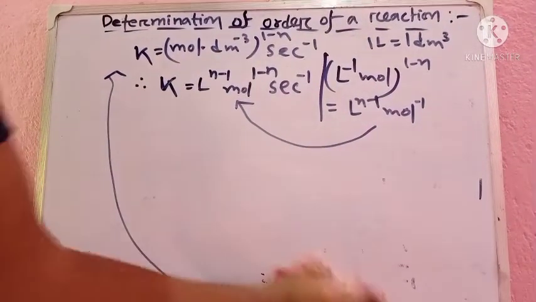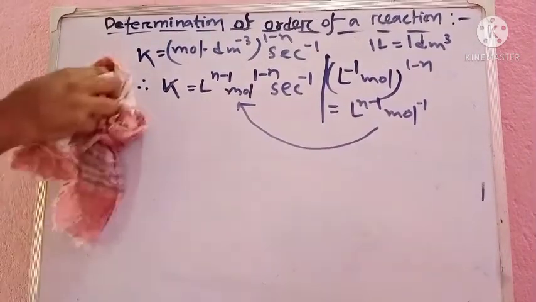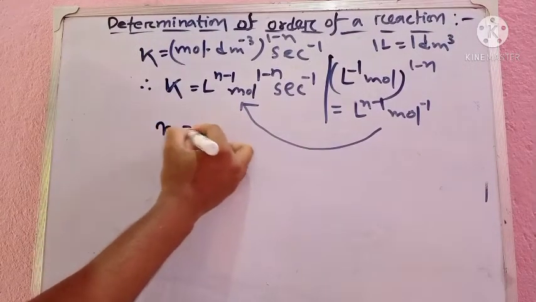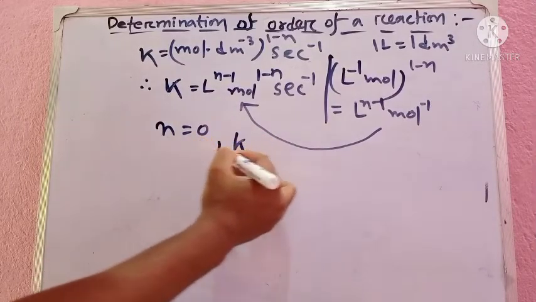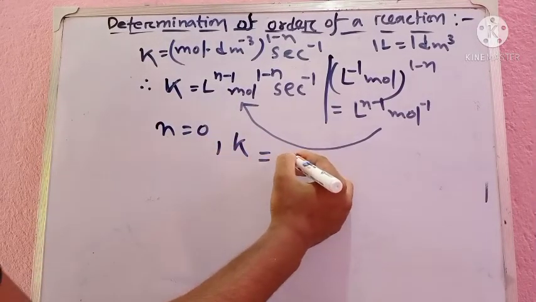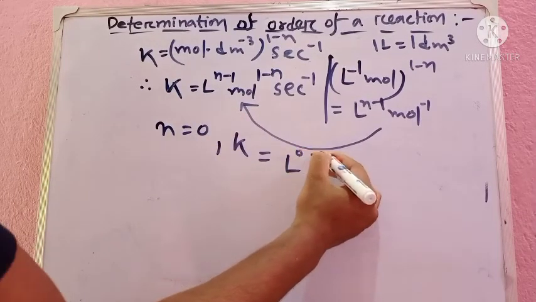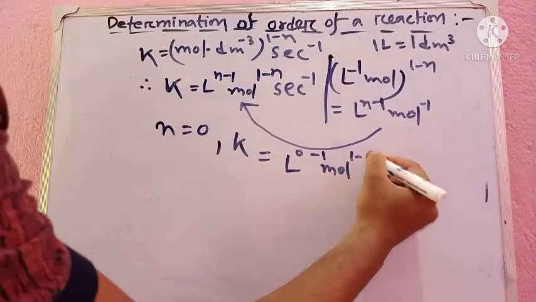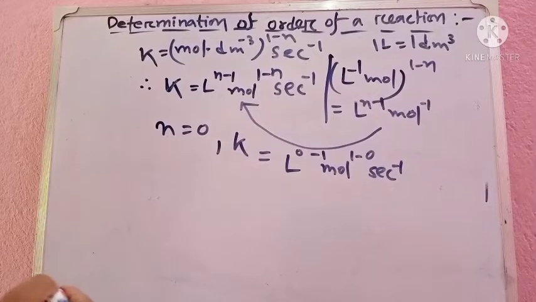And now our equation is ready, and then we determine the order of a reaction from this equation. Now see carefully, n equals 0, that is k equals L to the power 0 minus 1 into mole to the power 1 minus 0 into second inverse.